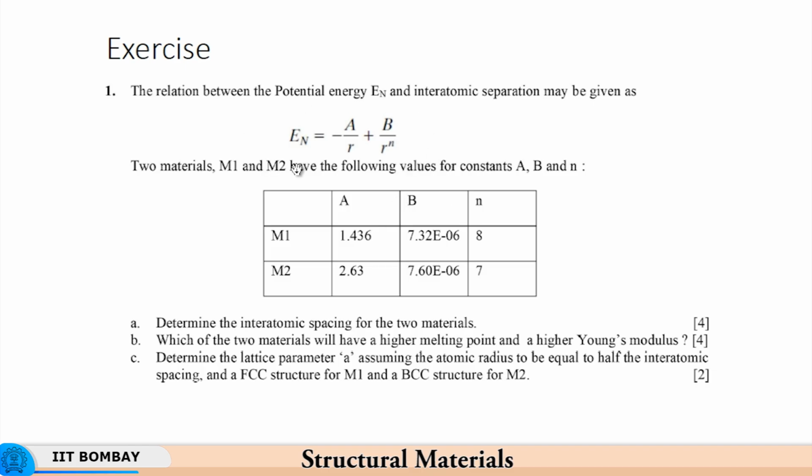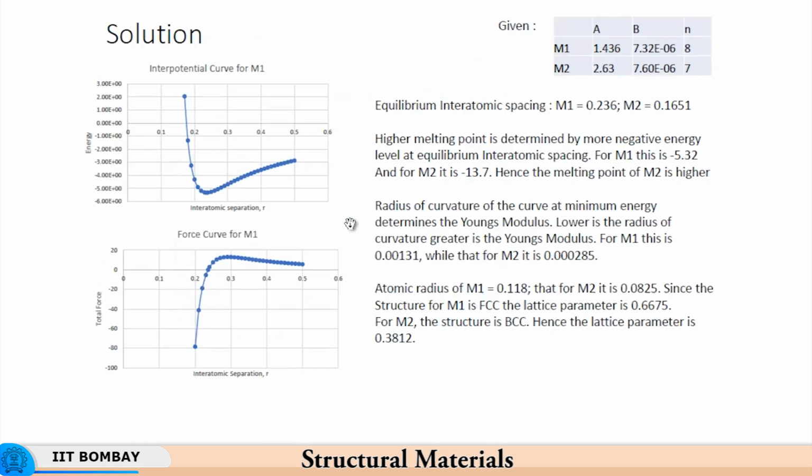So this has to be differentiated and equated to 0 in order to get the equilibrium interatomic spacing, and then to get the depth of the energy well, you find out what is the En at that particular point, because wherever the force is 0, the depth is the maximum. So the depth of the energy well is maximum at force equal to 0.